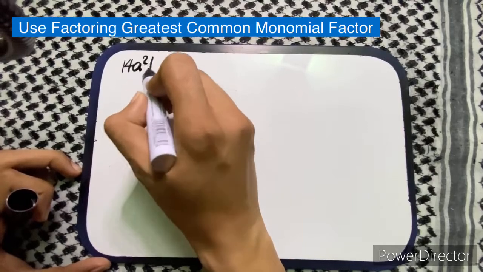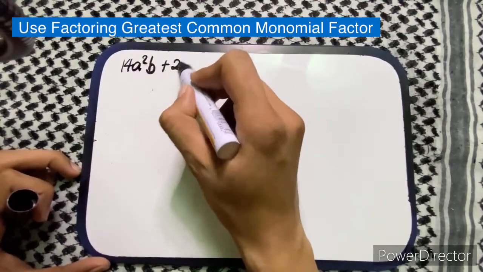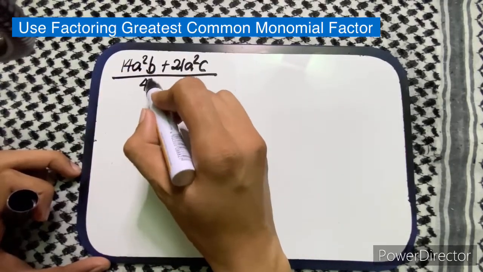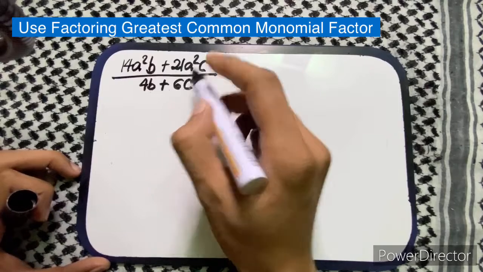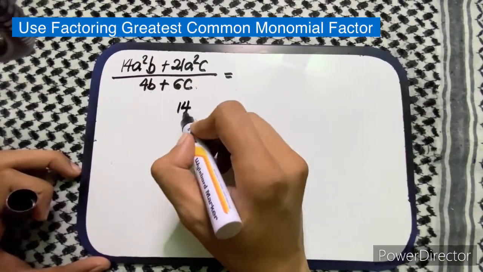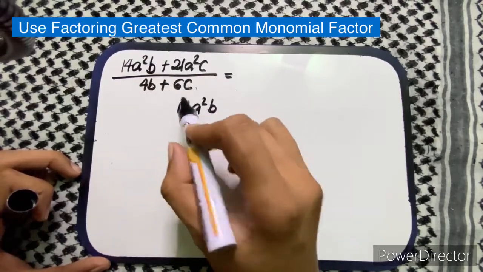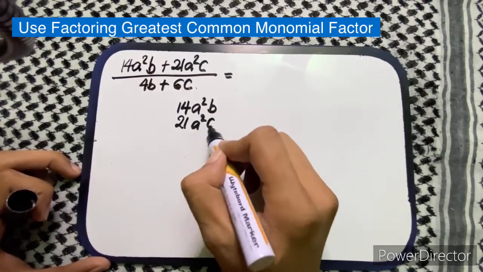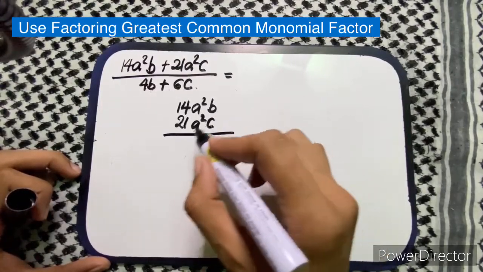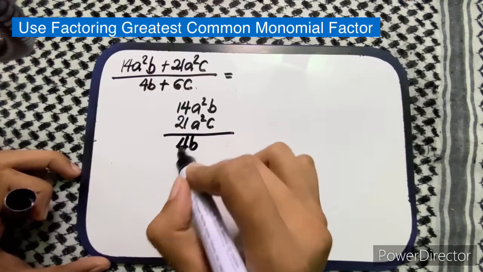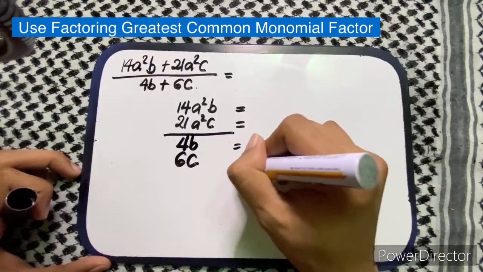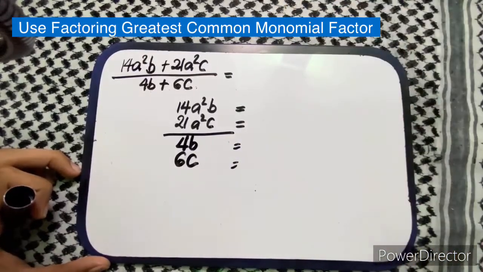Next, 14a squared b plus 21a squared c all over 4b plus 6c. Again, copy or rewrite 14a squared b, then 21a squared c. These are on the numerator, right? Then we have 4b and 6c. By the way, you can go directly to the factoring if you find it easy.